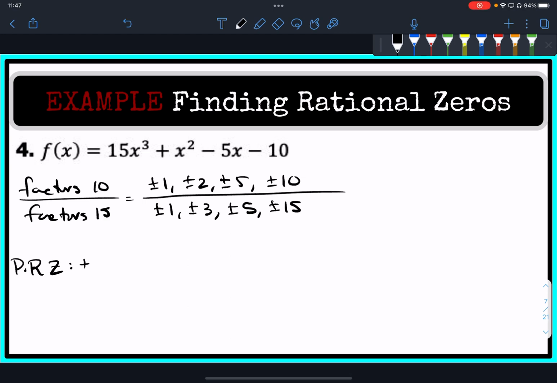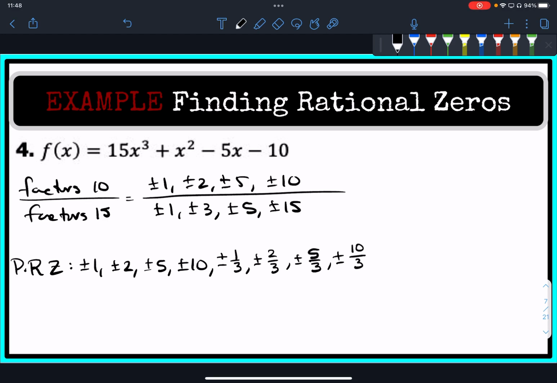So start by dividing them all by 1. And then continue by dividing them all by 3. Then continue dividing them all by 5.